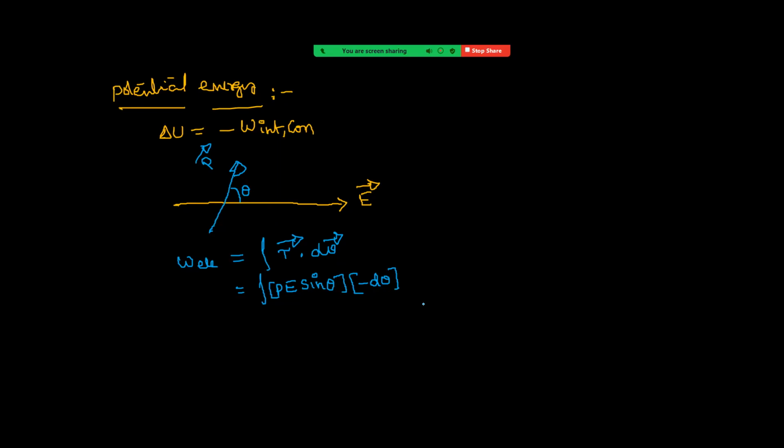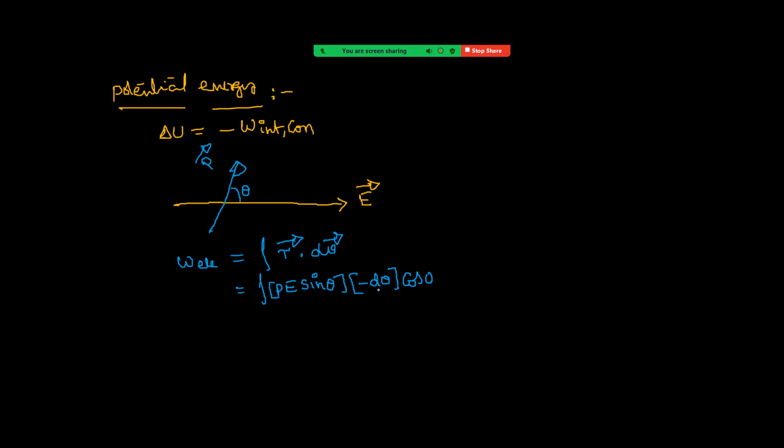So between these two vectors, the angle is 0. Therefore we write cos 0. See carefully, this is the modulus of torque and this is the modulus of d theta bar.